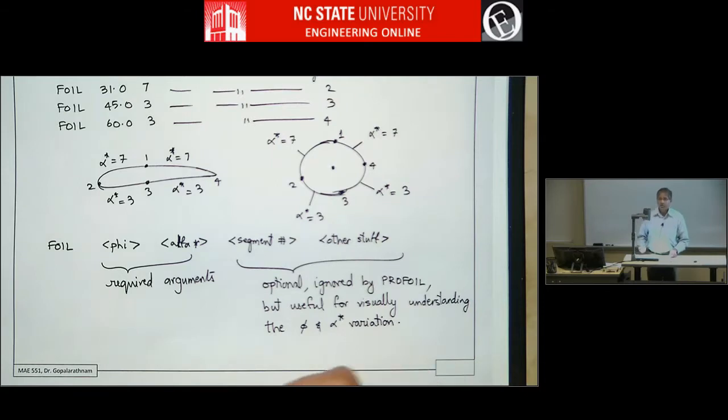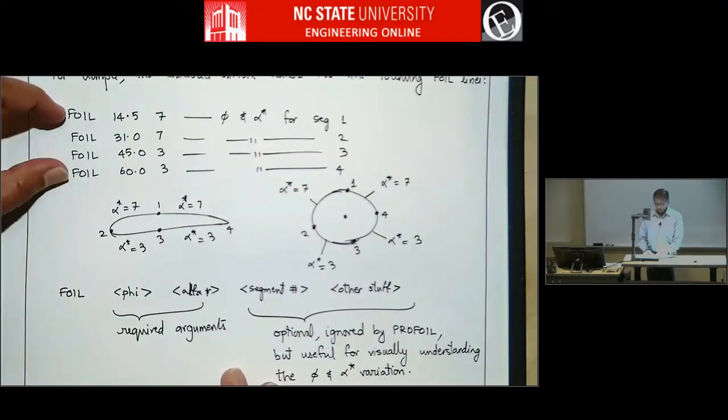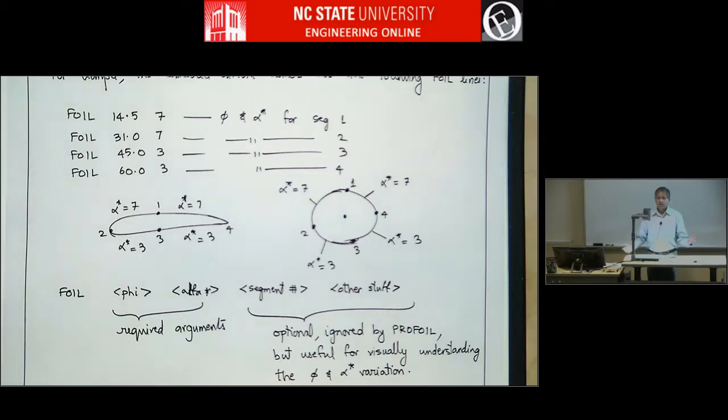So if you have a really complicated airfoil description, here we have 4, but sometimes you might have 20 or something, it'll just look like a mess of lines and you don't know what these things mean.